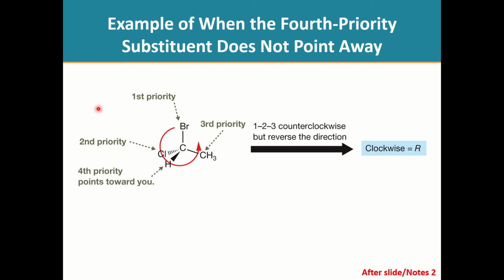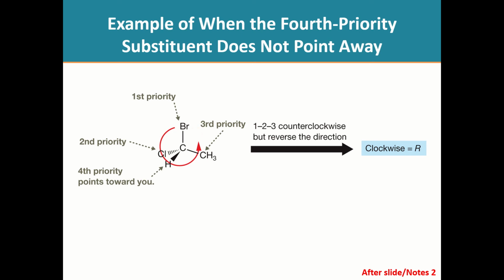And you trace it like you normally would. And you can see going from priority 1, 2, and 3, we get the S. We're going counterclockwise, which is an S. But then you just simply take the opposite of what you just calculated.